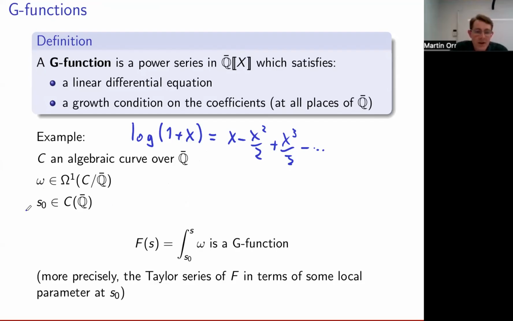You take some base point in Q bar, and then you look at the integral of this differential form from that base point to wherever else, and this is a G function. Or speaking more precisely, a G function is supposed to be a power series. So what I mean is you take this integral, you take its Taylor series in terms of some local parameter around your base point.